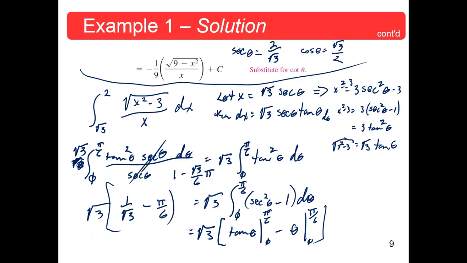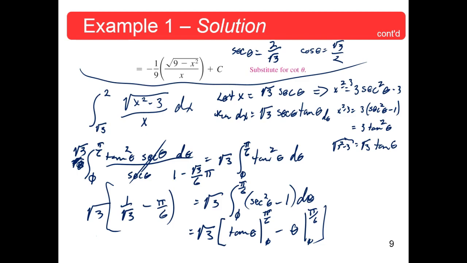Okay. Now, they're talking about something here that I mentioned before, but let me reiterate it again. Picture this now, folks. 2 is the square root of 4, right? And this is the square root of 3. So basically, you're talking about a pretty small range in x.